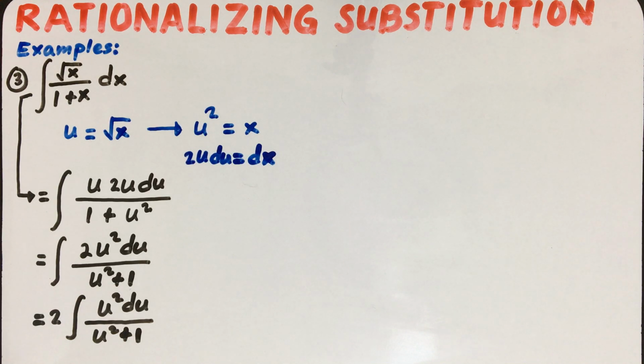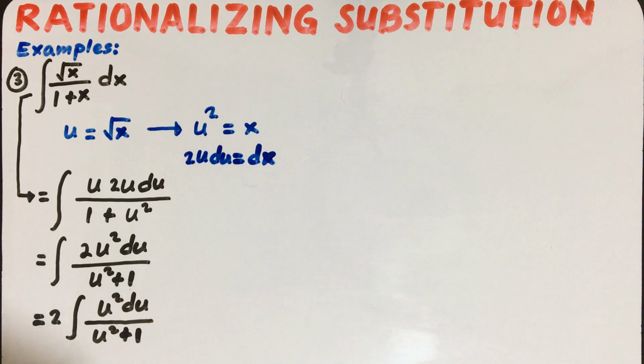Okay, so if you look at the degree at the numerator, the degree at the numerator here is equal to 2, and the degree at the denominator is also equal to 2. Alright, so this is an improper fraction. Though this is rational, this is an improper fraction. Alright, so to proceed with this, we have to do polynomial division here.